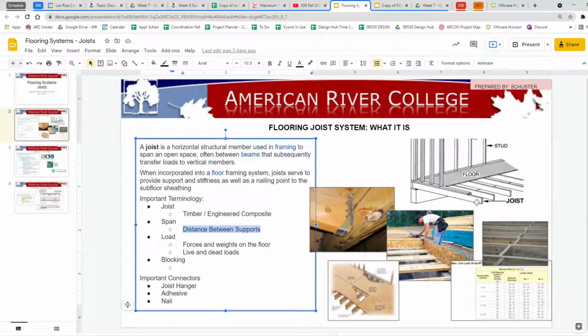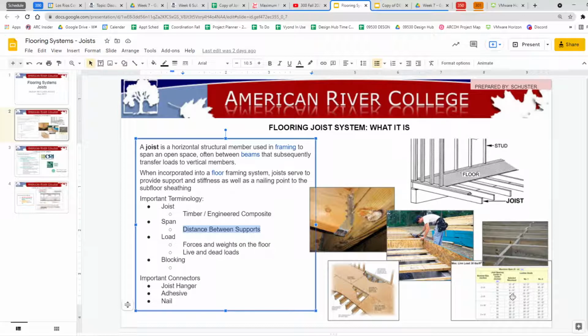And there are standards about how much bending you can allow when you walk on a floor or place a refrigerator on the floor or put a sofa on the floor. So there's only so much that these are allowed to bend before they go out of standard.